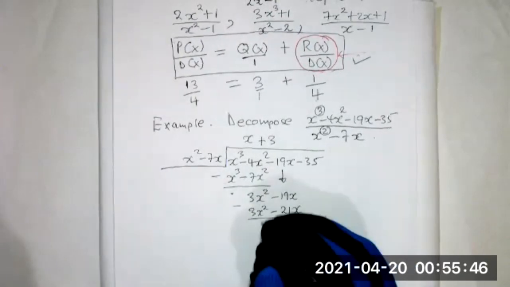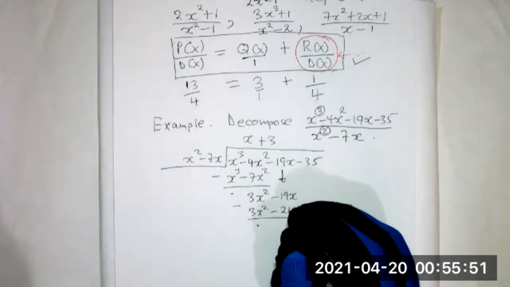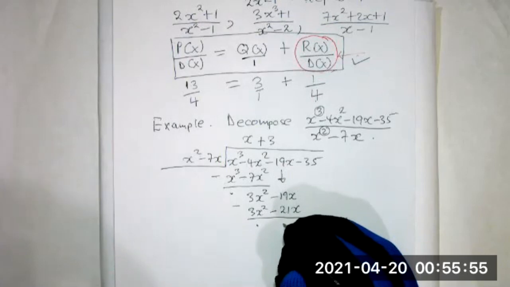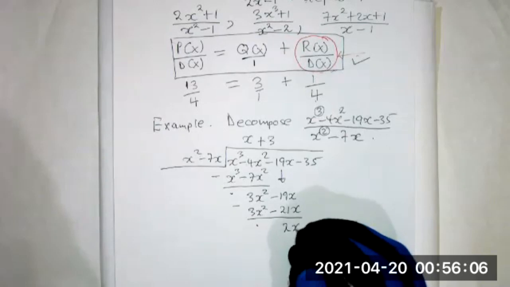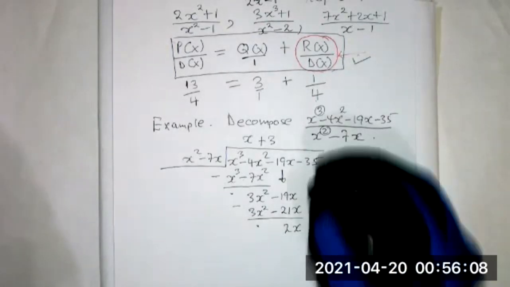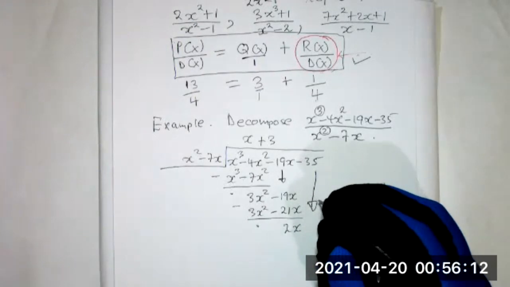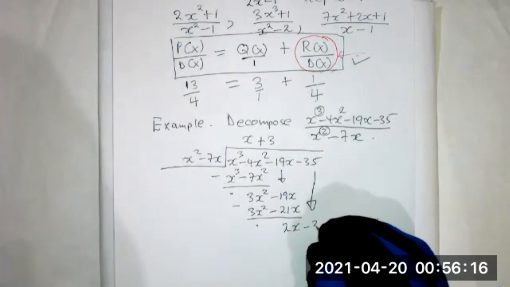This one goes, minus 19 plus 21, so it becomes 2x. Is that 2x? Yes, it's 2x. Then we need to bring the minus 35 down. That will give us minus 35.